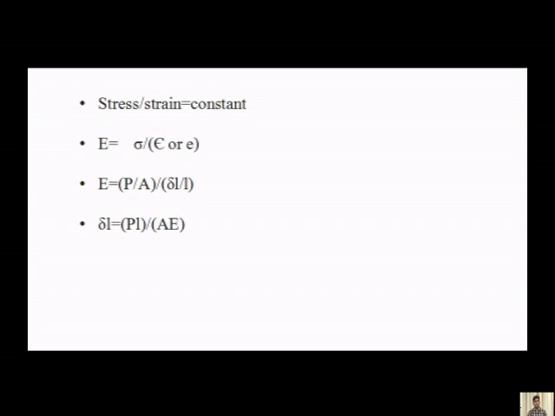As you know, stress by strain is equal to a constant, and E is equal to sigma by small e or epsilon.